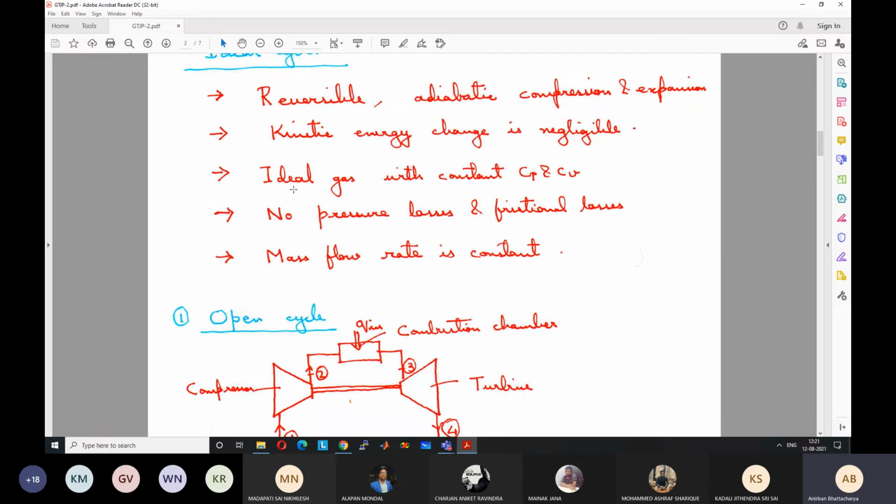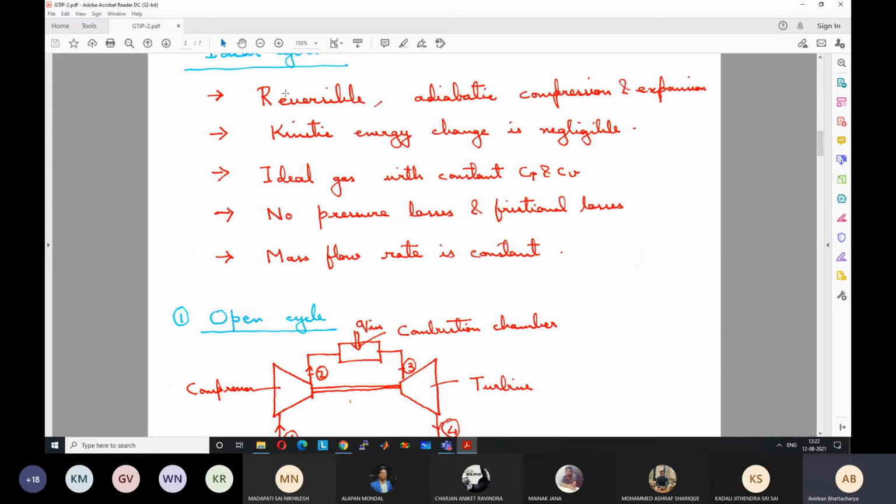So for 100 kg per second of air, you will introduce 2 kg per second of fuel, and the combustion products mass flow rate will be 102 kg per second. So there is a typically 2 to 3% increase, which we are neglecting at this point. Later we will also use that in our calculations.